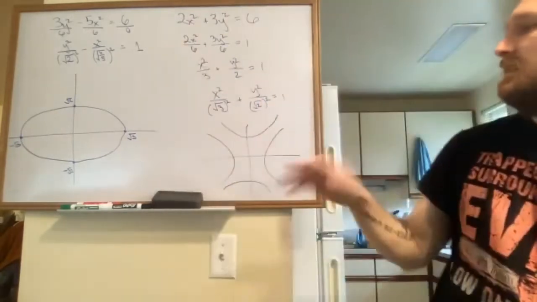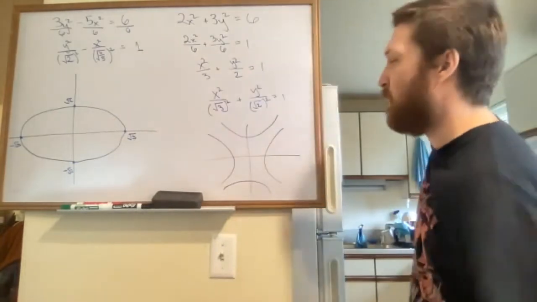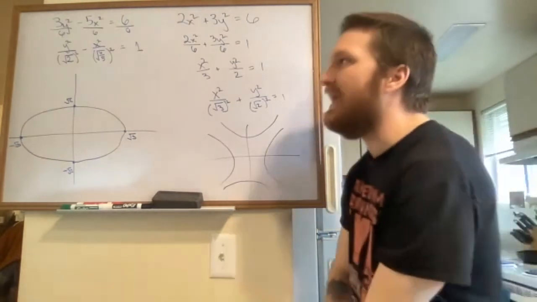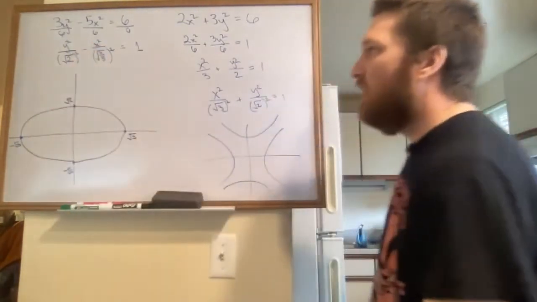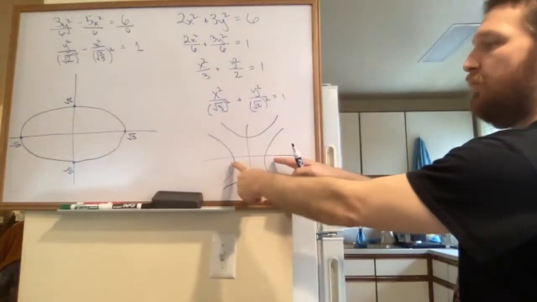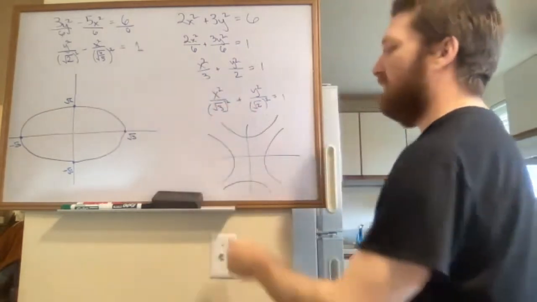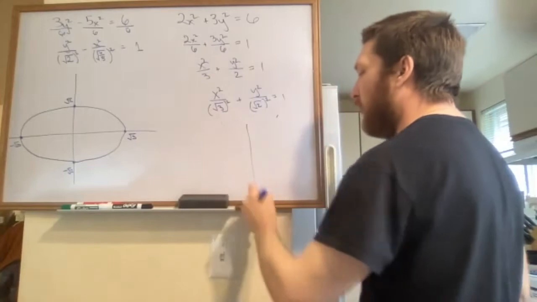Which type is this? Up and down, I think. Up and down, yeah. The way I think about it is, the negative's on the x, which means that it can't go through the x-axis. You're not going to be able to solve for x for this guy. So he's got to be one of those up and down ones.